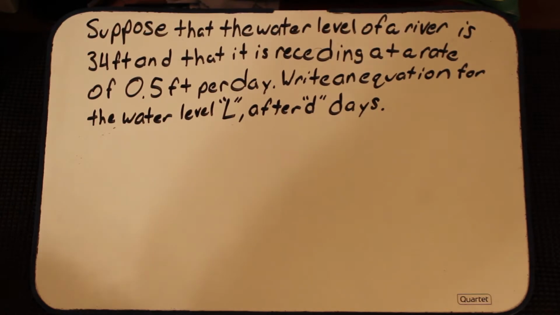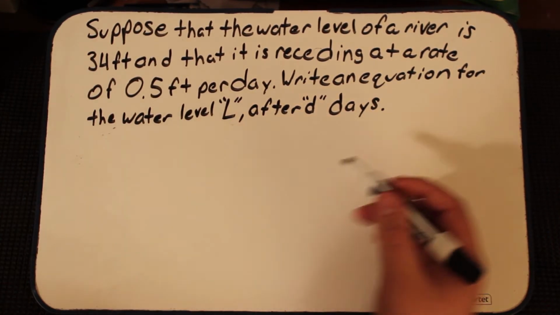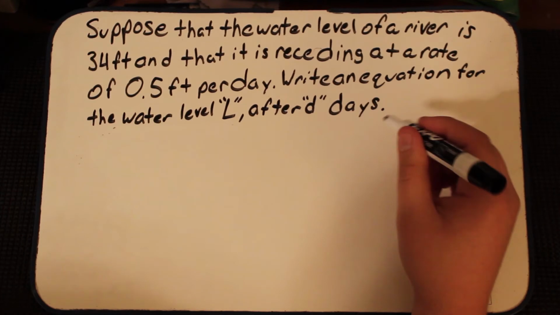So the next problem I want to look at says, suppose the water level of a river is 34 feet and that it is receding at a rate of 0.5 feet per day. Write an equation for the water level L after D days. First thing I'm going to do is define my variables. Now, granted, they did it in the problem, but let's put it on the side anyway.